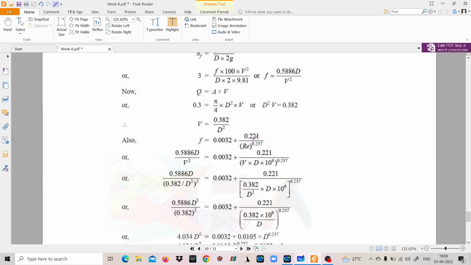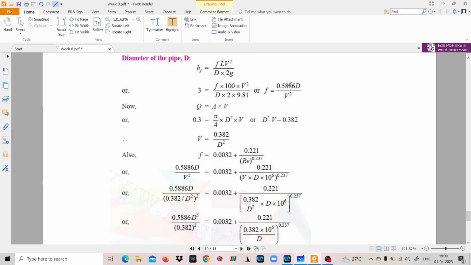So if you substitute these values, F is equal to 0.5886 d by V square, which equals 0.0032 plus 0.221 times the Reynolds number term. Reynolds number is rho V d by mu.